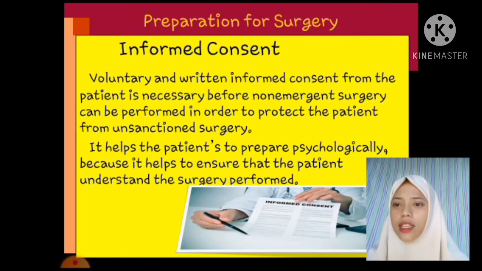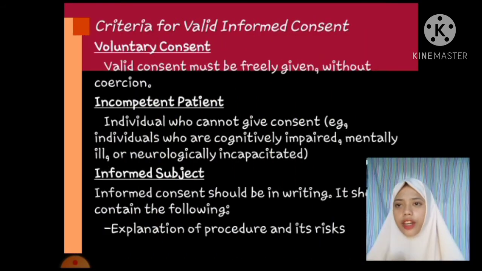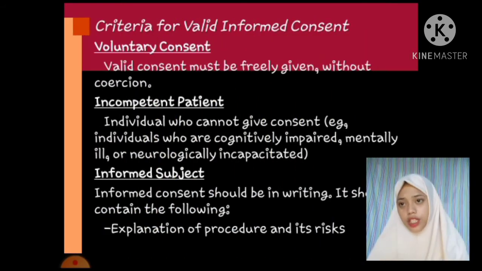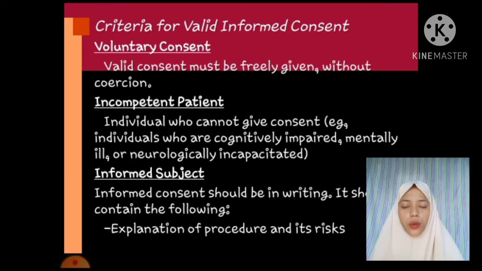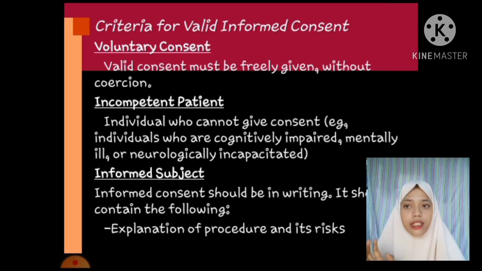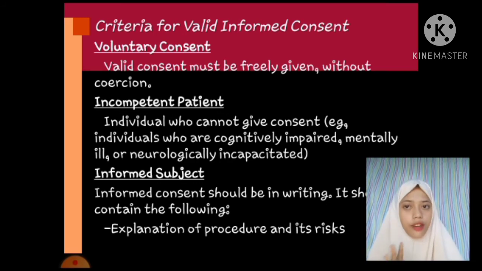And then there are the criteria for the valid informed consent. First is the voluntary consent. Voluntary consent, this is the valid consent must be freely given without coercion. So you don't need to force, because this is the valid consent and freely given. So next is the incompetent patient.